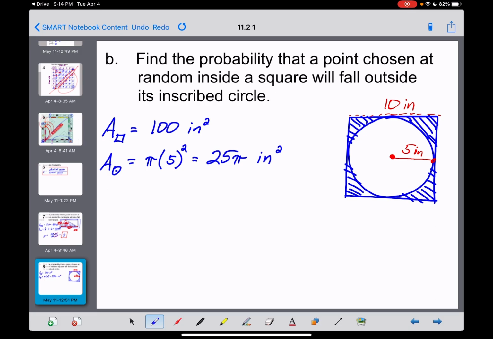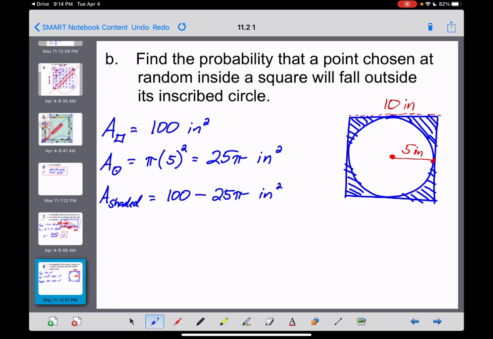However, what we want is the shaded area. We want the area that's outside of the circle but inside of the square. So the way we come up with the shaded area is by subtracting these two results. 100, which is the larger outer area, minus the inner one, which is 25 pi. Now I could put that in my calculator, but I'm not going to bother right now.